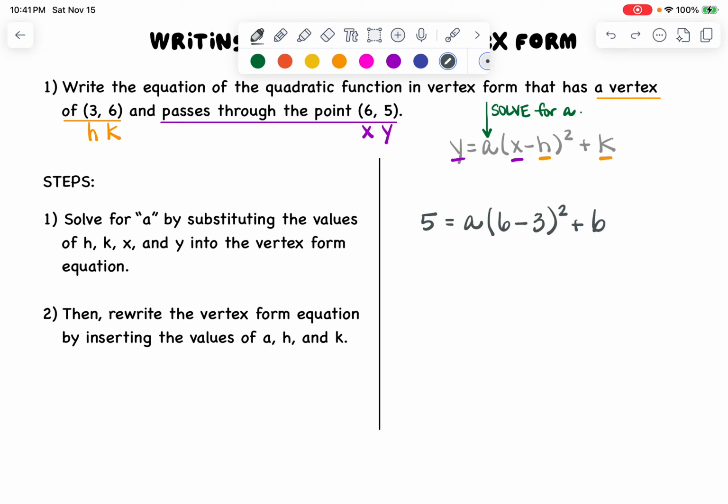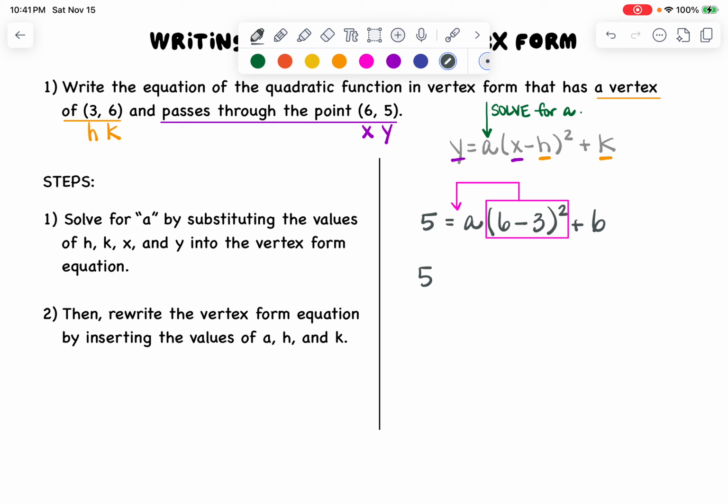Now I have an algebraic equation where I can solve for the value of a, because that's the one thing I'm missing. Now, this might seem kind of weird, but bear with me. So we're going to simplify this. Remember, we have to do the order of operations here. So we're going to simplify the (6 minus 3) squared, which is a multiplier on the a. But it's very odd for us to put a multiplier behind a variable. So once I figure out what that number is, I'm going to put it in front of the a as a coefficient, because that's where multipliers should be placed.